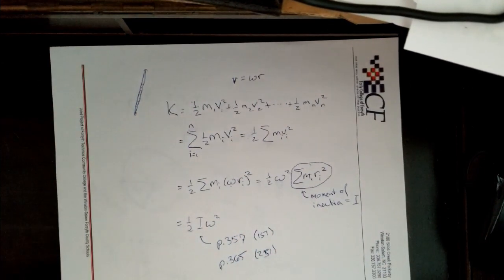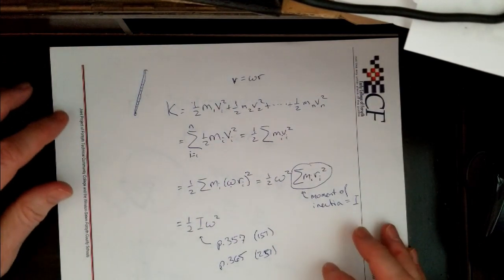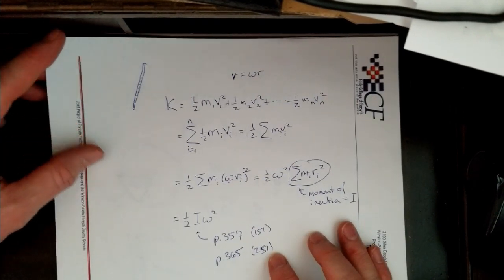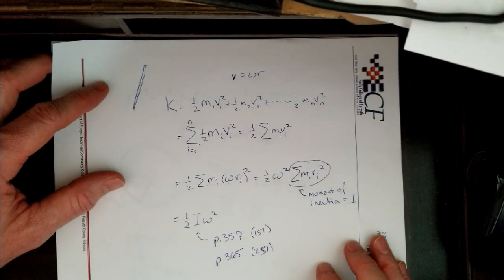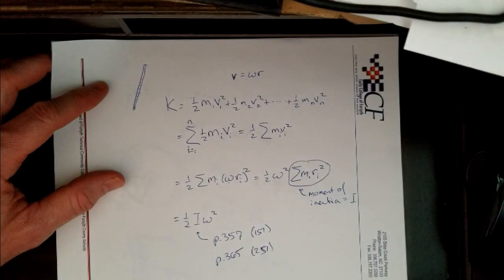Every beginning textbook has a page with these basic shapes in it. For 251, I'm going to go through the derivation of one of those shapes. For 151, you sort of trust that it's there. And that is moment of inertia.